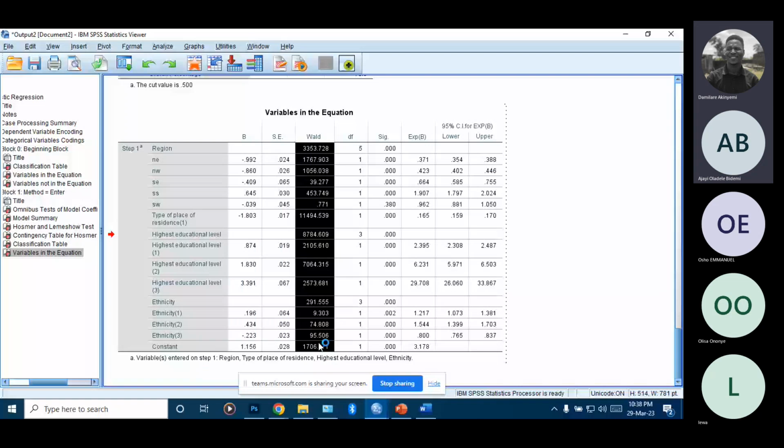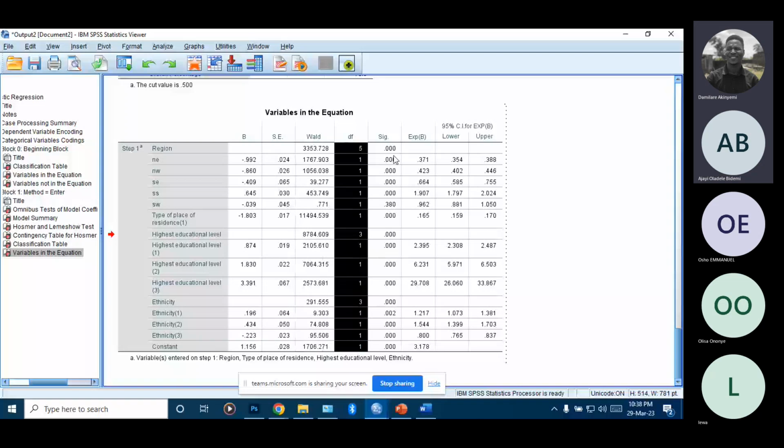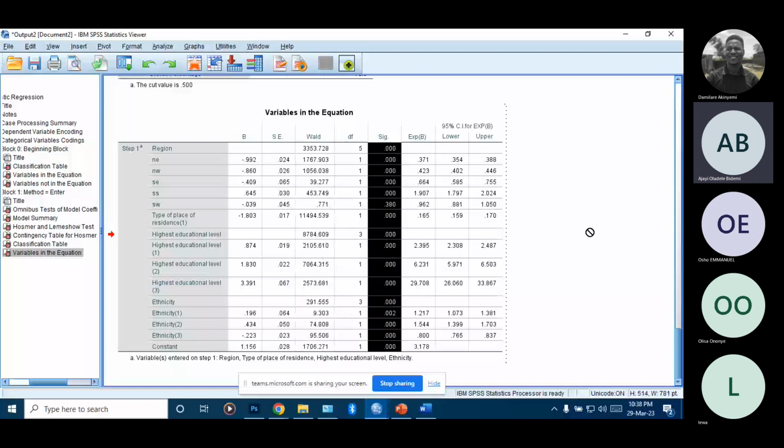These are the degrees of freedom. We all know what degrees of freedom is. Now the p-values show if these variables are important in the model, if they are contributing significantly to the model. So you definitely write about all these p-values as well.